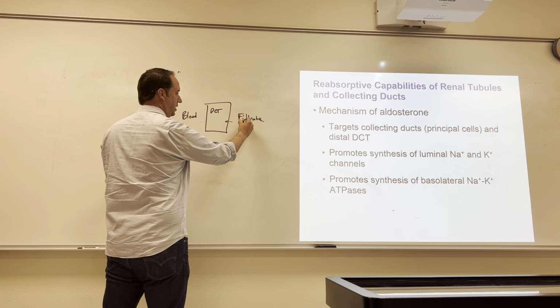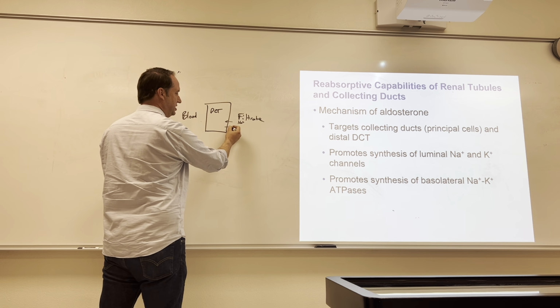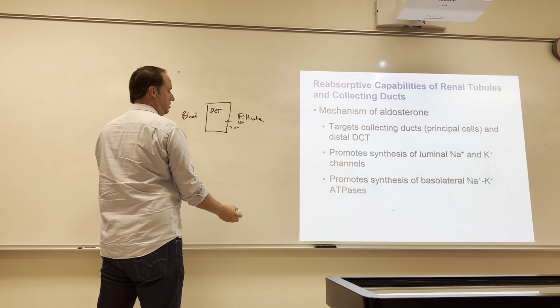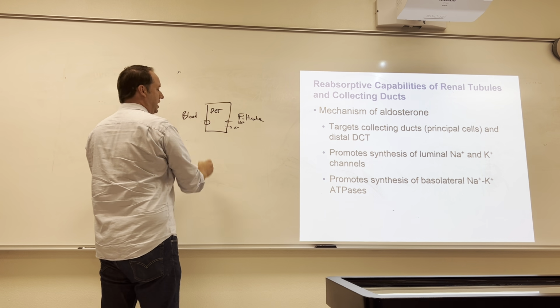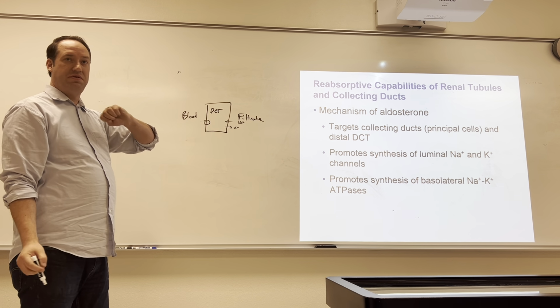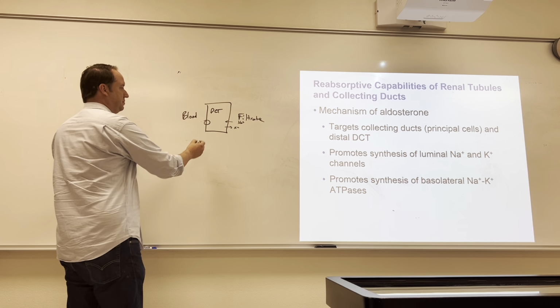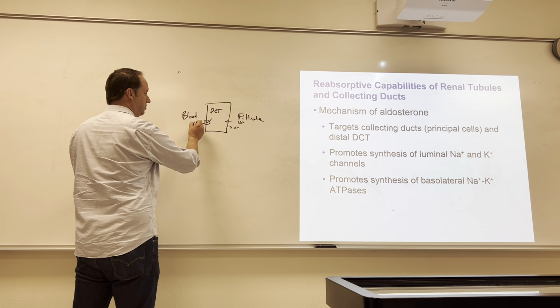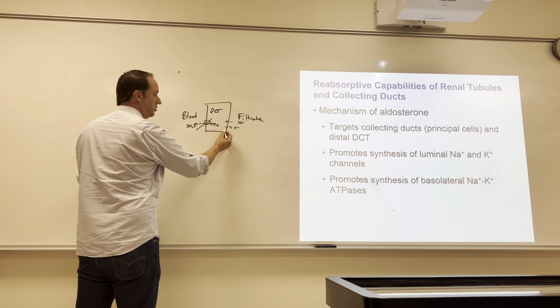There's a lot of sodium out here, so sodium wants to go in, and potassium wants to go out. And then on the other side, it's expressing those sodium-potassium ATPase pumps. So that sodium that comes in gets pumped out. You get 3 sodium out, 2 potassium back in, and potassium leaks out the other side.